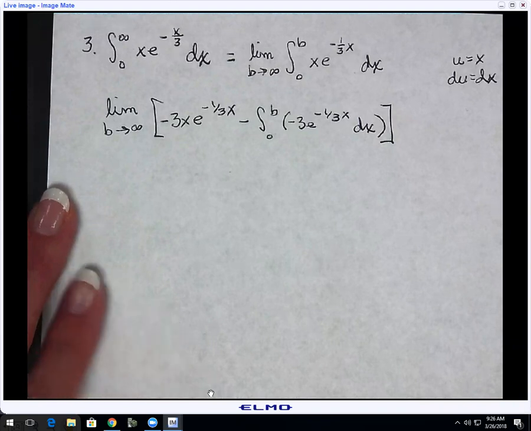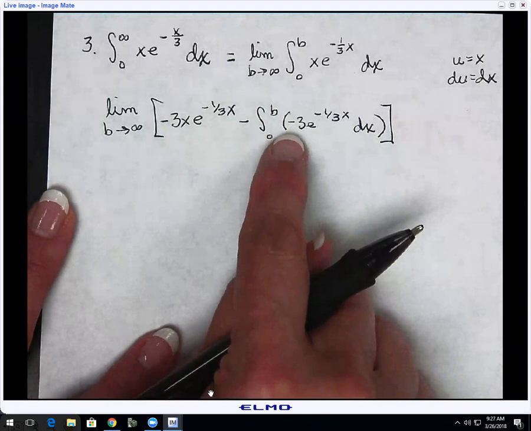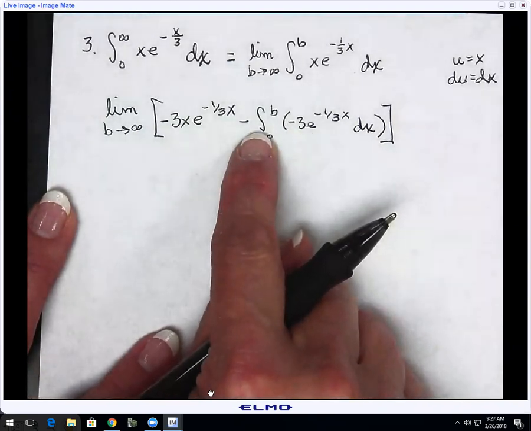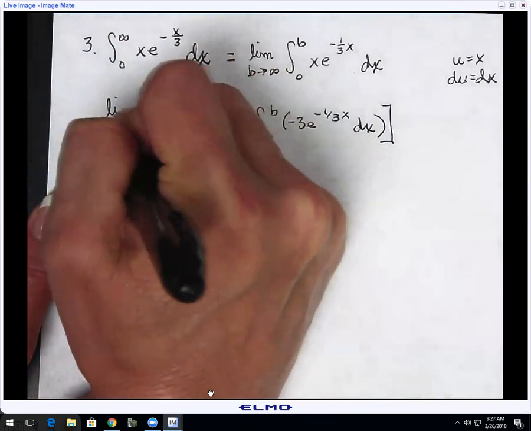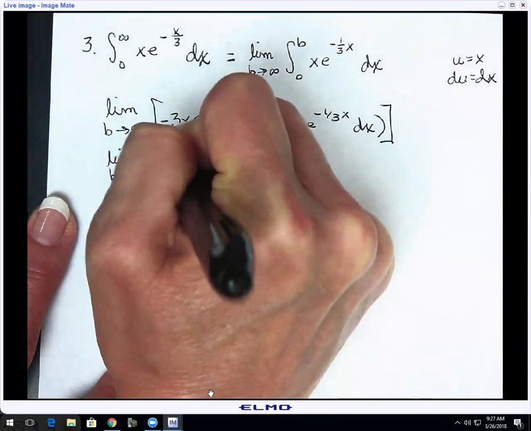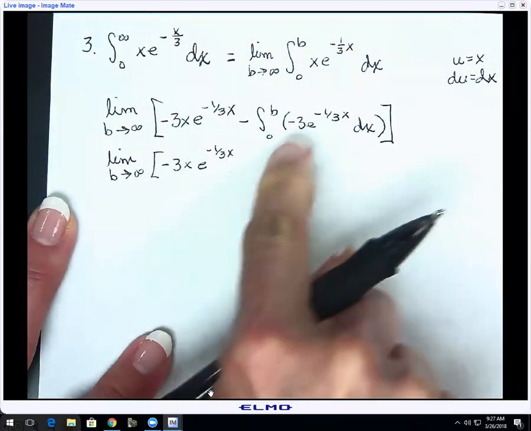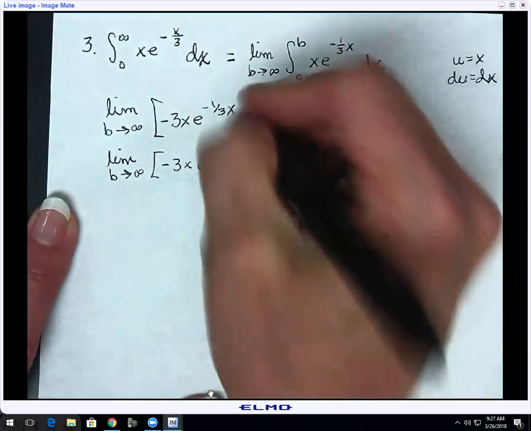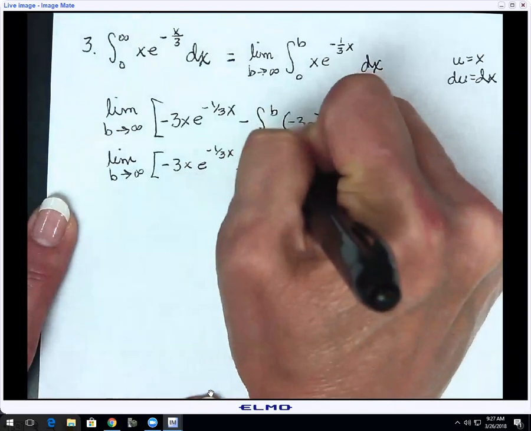All right. I can go ahead and bring this negative 3 out in front of the integral, but again, to integrate that, I'm going to put in a middle step that you may not need. The more I practice, the less I have to write this step. But I'm going to go ahead and bring the negative 3 out front and say negative times negative 3 is positive 3.